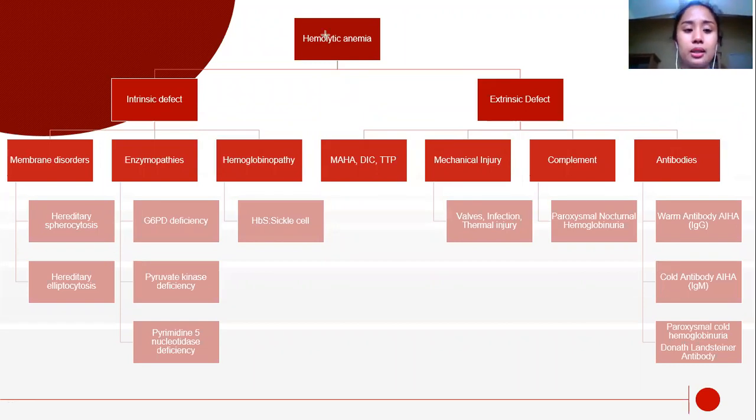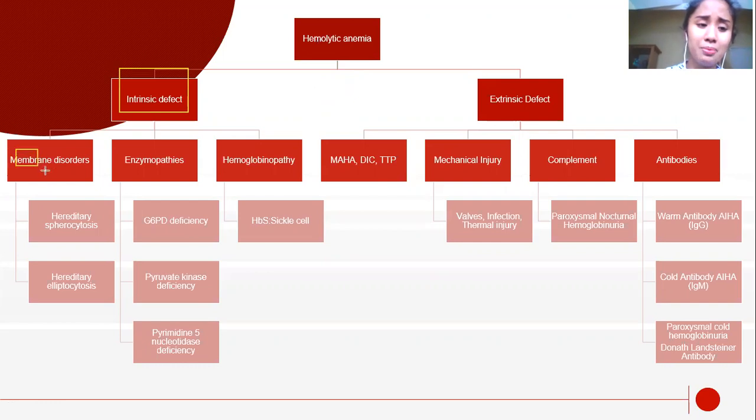I separated it into intrinsic and extrinsic defect. So when we say intrinsic, nasa notes nyo, intracorpuscular. So there is something wrong inside your red blood cell. Sa loob ng red blood cell mismo. Ano ba ang laman ng mga red blood cell? May membrane, diba?